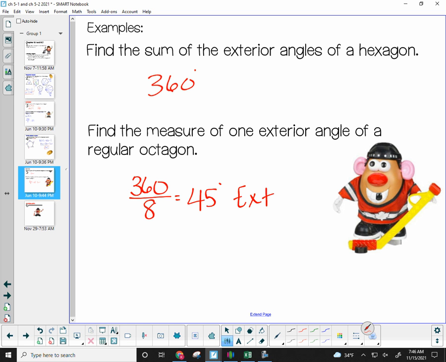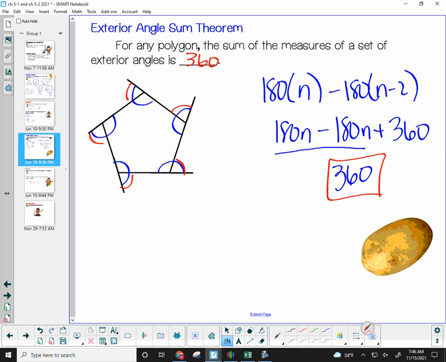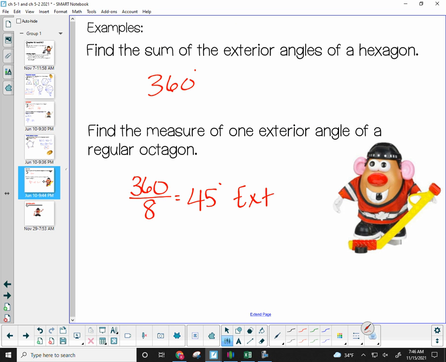Okay, so now this is my exterior angle, right? I know we just did this problem, but I want to make a connection for you. What if I wanted to know the measure of one interior angle of a regular octagon? Keep in mind, we just talked about how an interior and an exterior together make a linear pair, right? So instead of using that formula again, I could just say, well, this is my exterior, then my interior has to be 180 minus the 45.